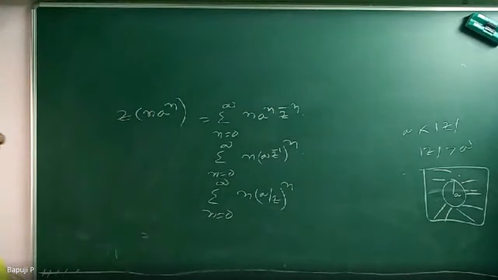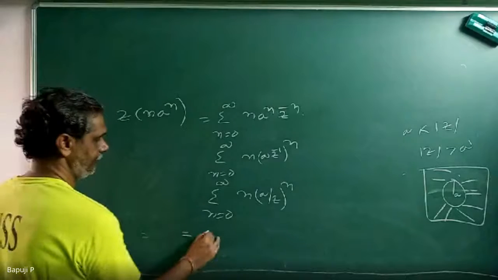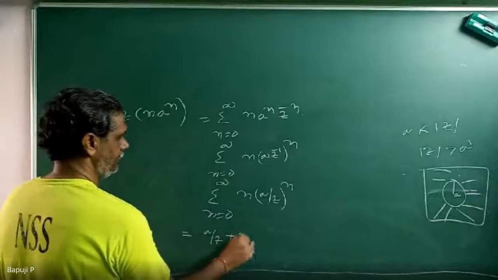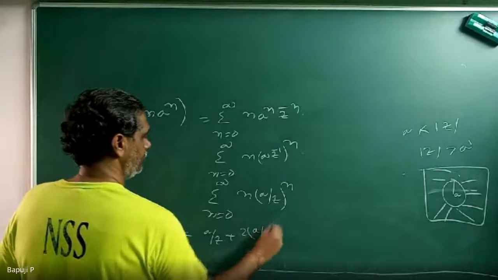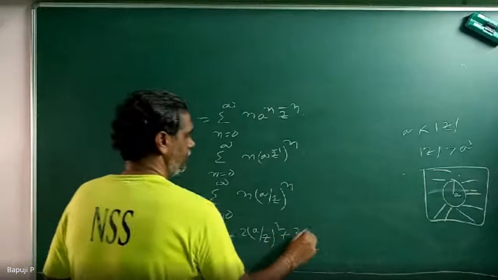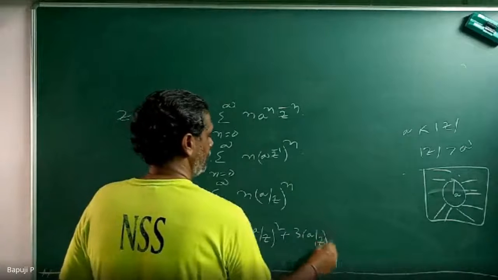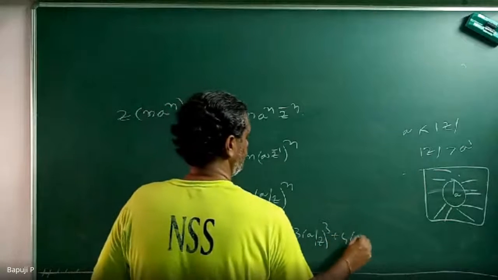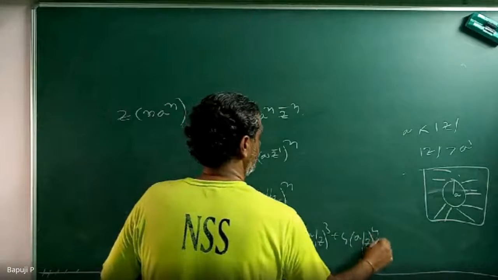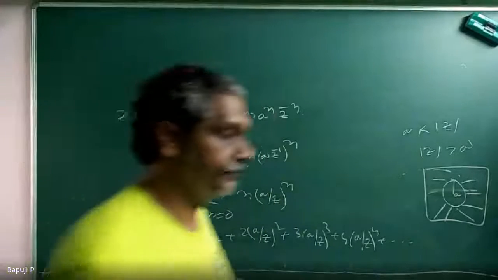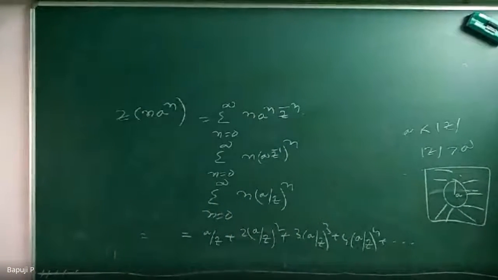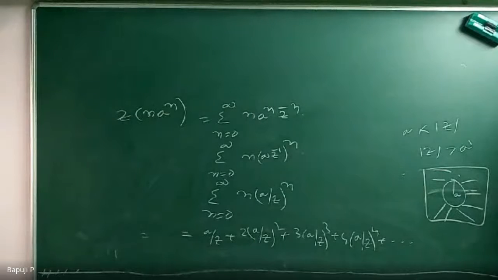Same story. What will you get actually? A by z, 2 into a by z whole square plus 3 into a by z whole cube, 4 into a by z whole power 4, and so on. Then if you take a by z common, what will happen?